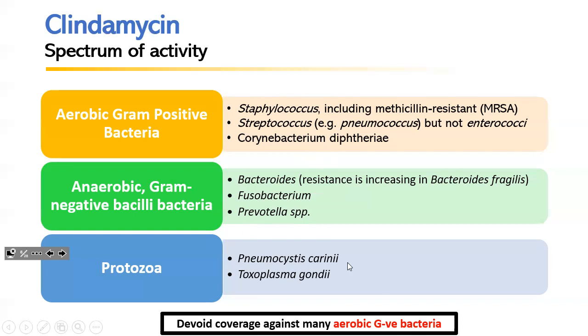And most of those organisms infect immunosuppressed patients. You mostly see this in patients with AIDS. Notably, with all of this coverage, clindamycin has zero coverage for the gram-negative bacteria. So it doesn't cover any gram-negative aerobes. I'm talking about the aerobes.